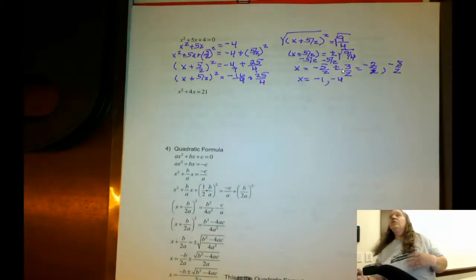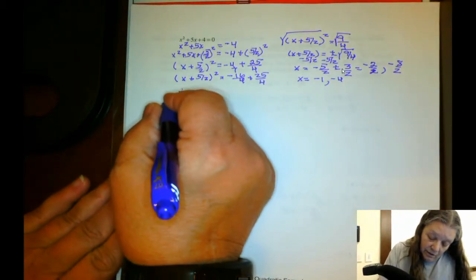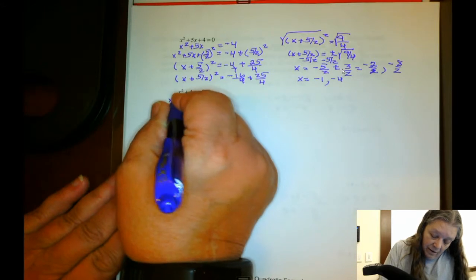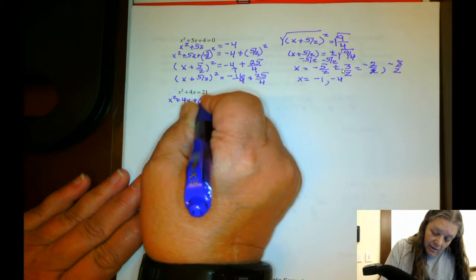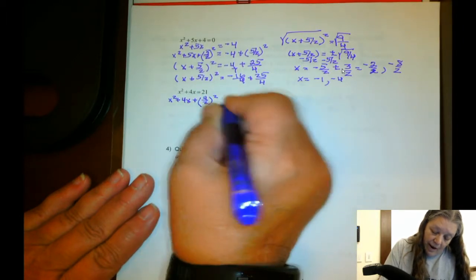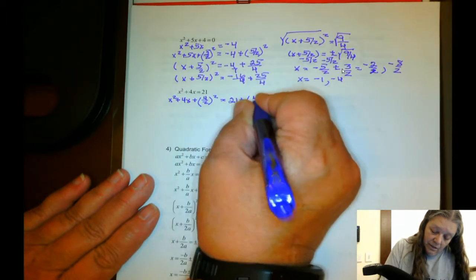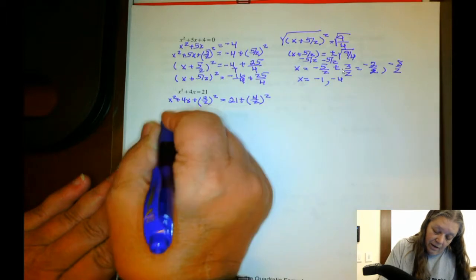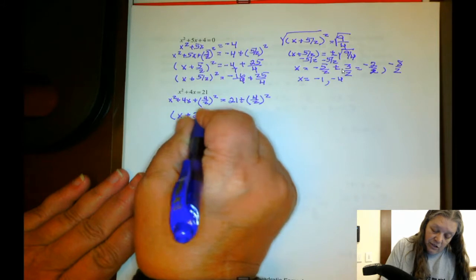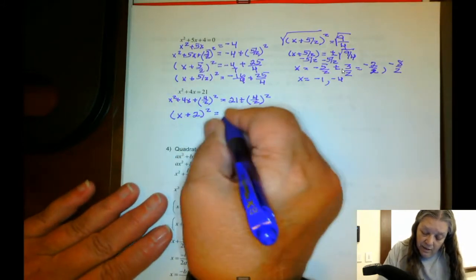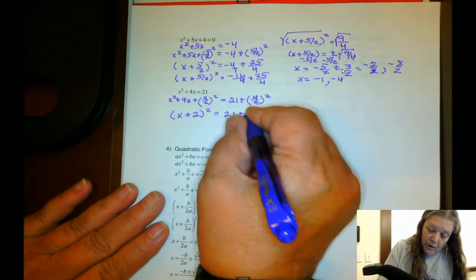Now the second one is already set up with a single constant on the other side. So now we have x squared plus 4x plus 4/2 squared equals 21 plus 4/2 squared. Well, 4/2 is simply 2, so this becomes x plus 2 quantity squared equals 21 plus 2 squared, which is 4.